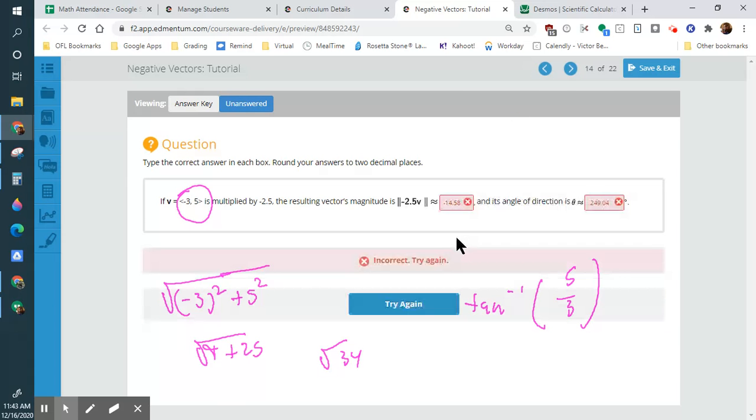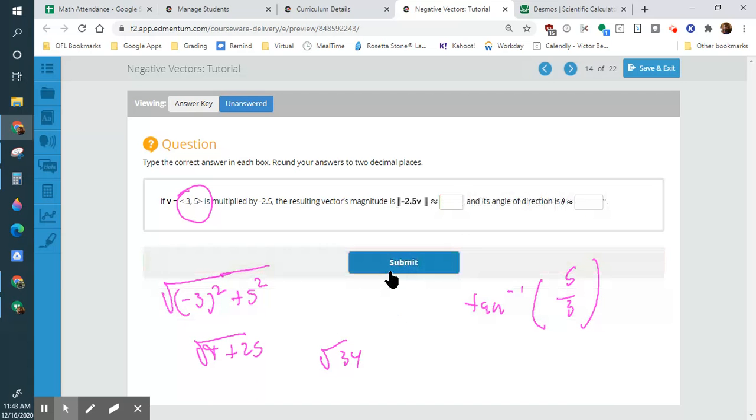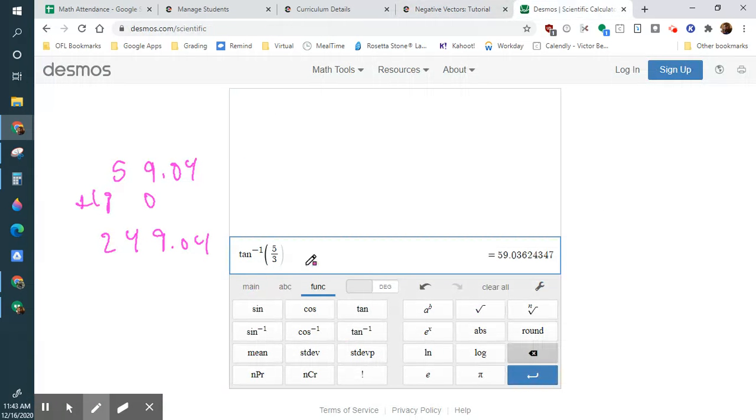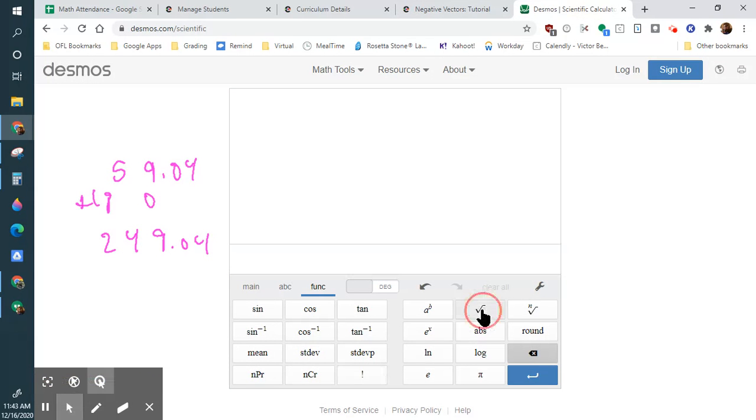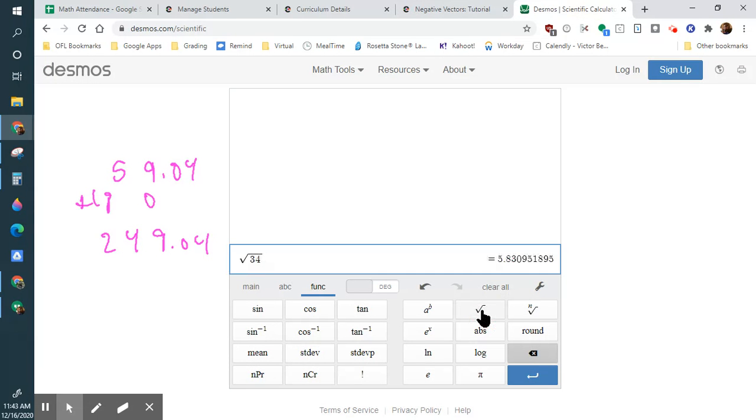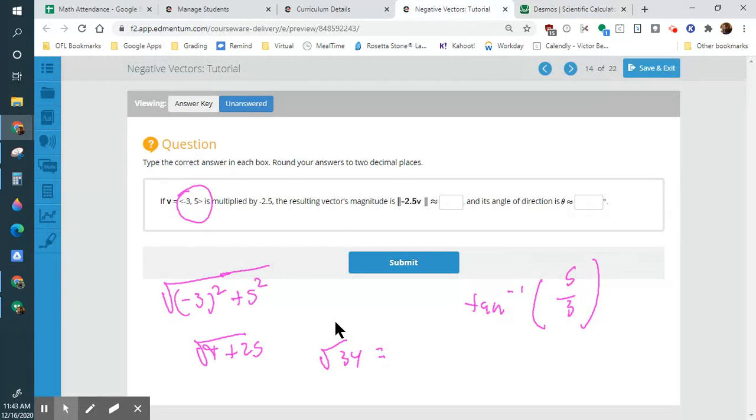All right, and Desmos is just being mean at this point. This is why I don't like what they're doing. I'm assuming what they did was they want you to solve this first, which is annoying. So they want you to do square root of 34 first, and you're going to get 5.83.